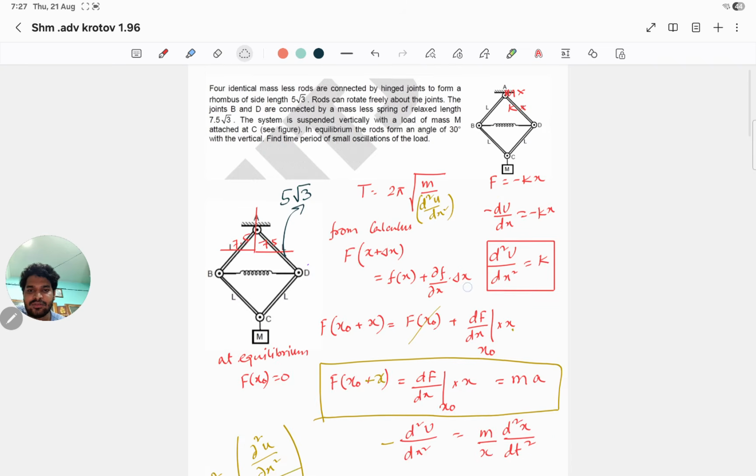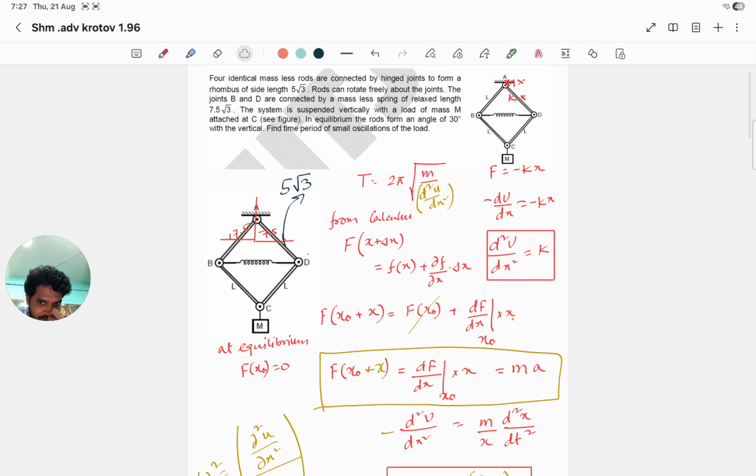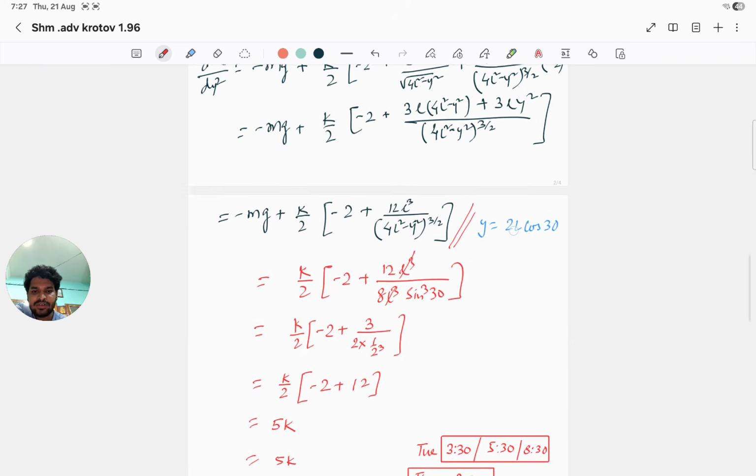Okay, so I was starting to solve the problem. What I have approached is the energy method. First I was doing it by the force method.